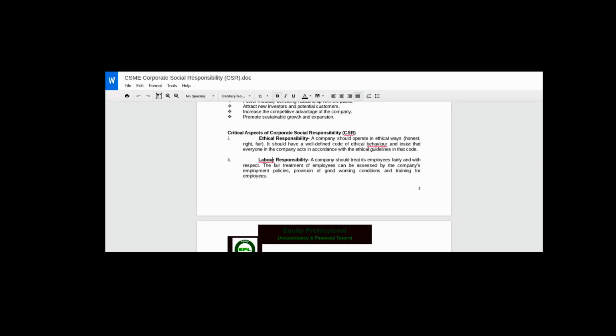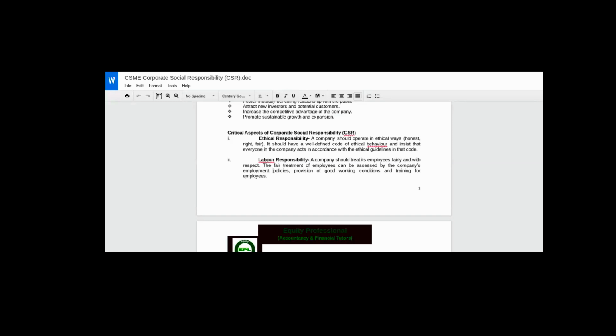Two, labor responsibility. We have mentioned this not quite long ago. In the labor responsibility, it is expected of a company to treat its employees and other stakeholders fairly and with respect. We are expected to comply with all labor laws and employment policy.